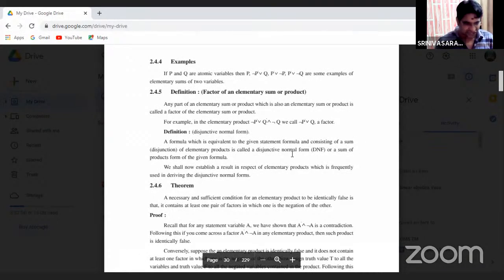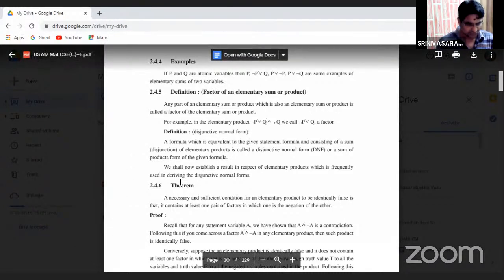Sum means here disjunction of the elementary products, and that is called disjunctive normal form. Sometimes it is also called the sum of products form of the given formula.